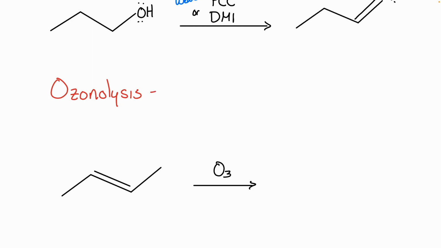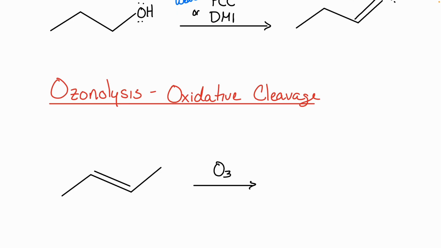These are what we would call oxidative cleavage reactions. As the name implies, what this reaction does is it takes this alkene and cleaves that double bond right down the middle, breaking this molecule into two smaller fragments.